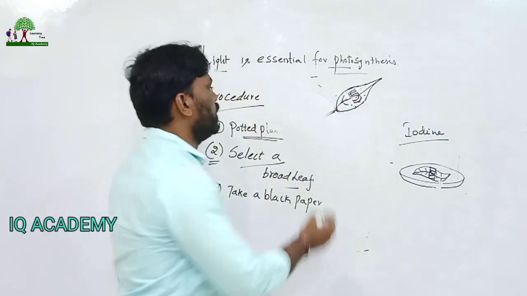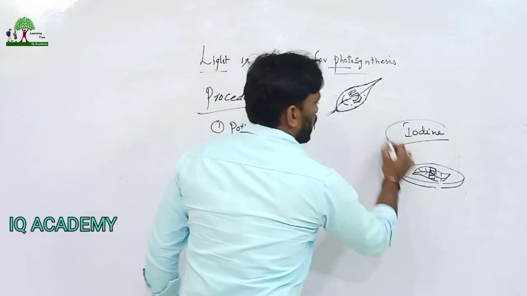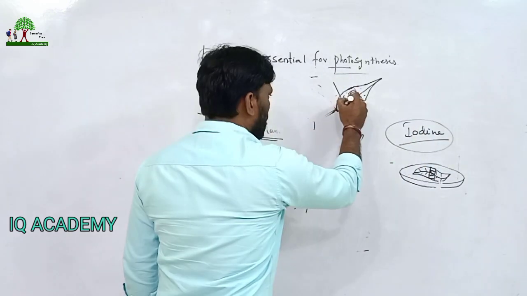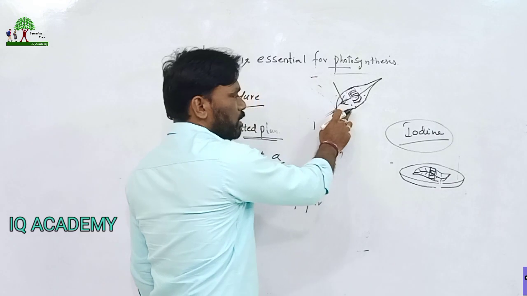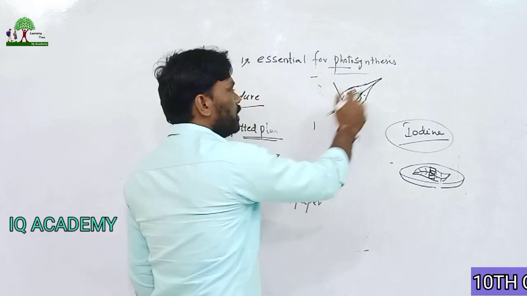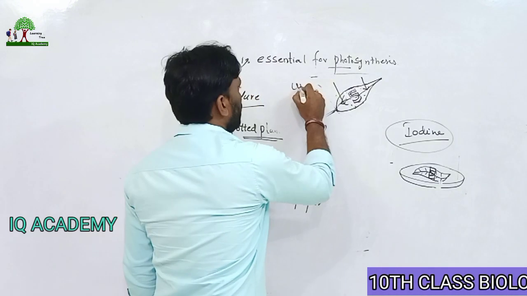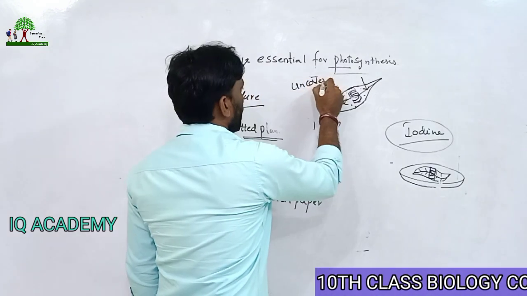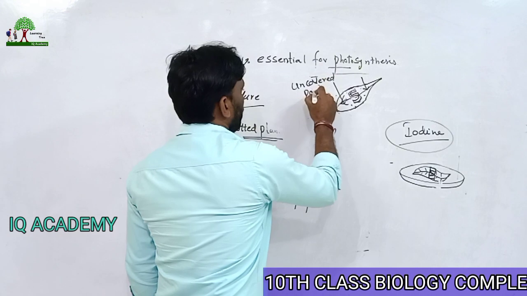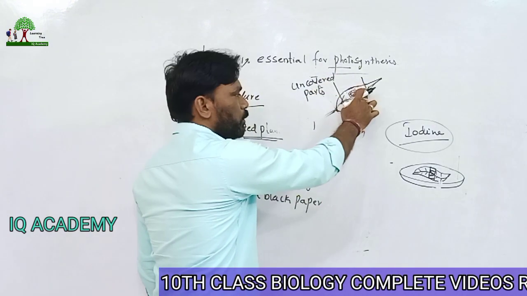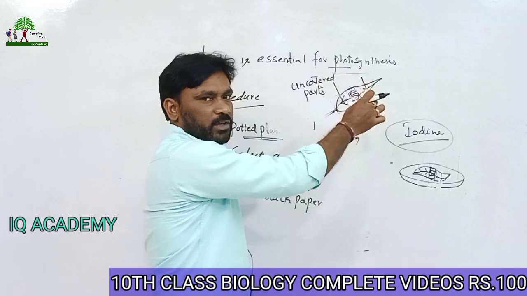Now take the iodine solution and pour the iodine solution on the uncovered part. Here this part is uncovered, this part also is uncovered. These are uncovered parts. Only the middle we covered with the paper.